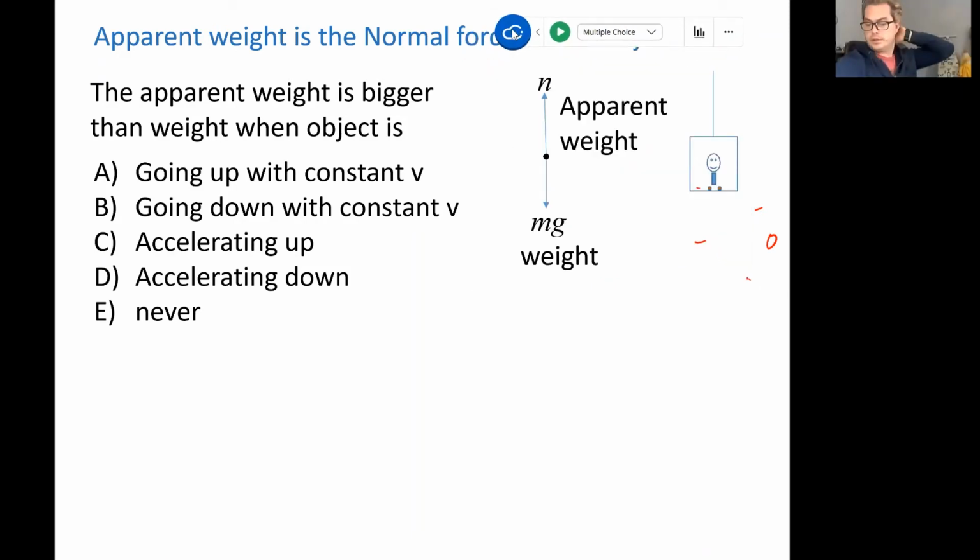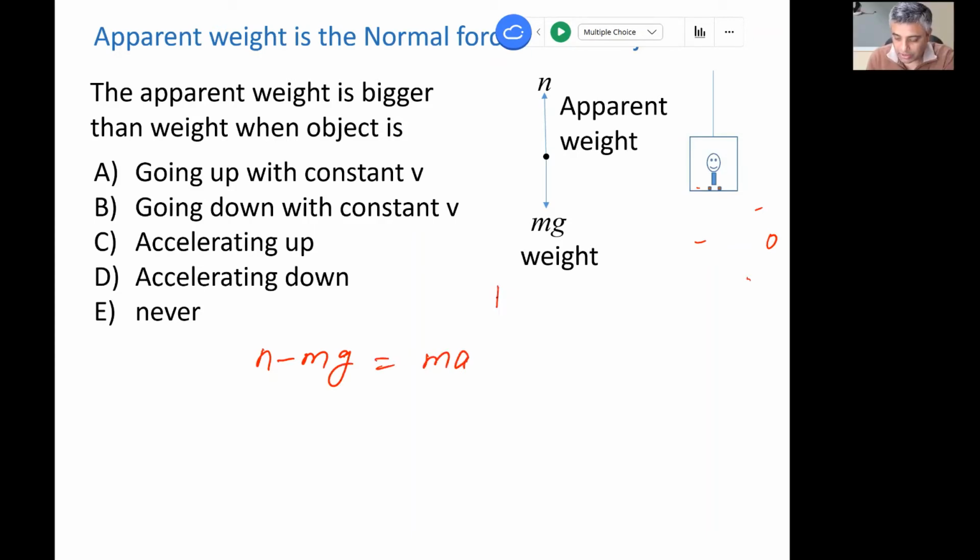I got it from looking at the equation. If you look at the equation, there are 4 variables, and in this situation, 2 of the variables are mass and the actual weight, and those remain constant. Can you read your equation? Yeah, I have N minus mg equals ma, the apparent weight equation. So that means we are assuming up as positive?